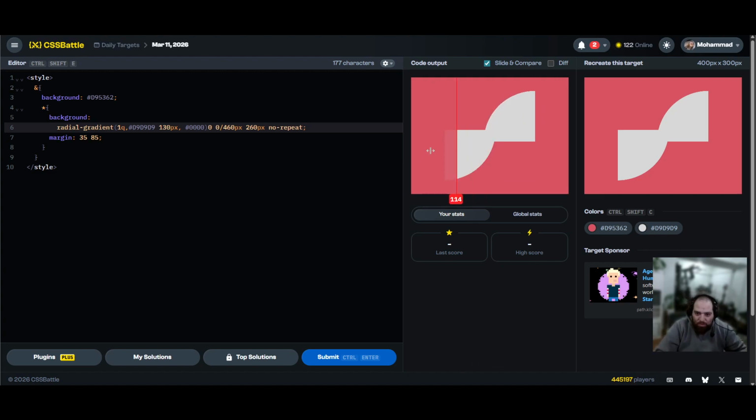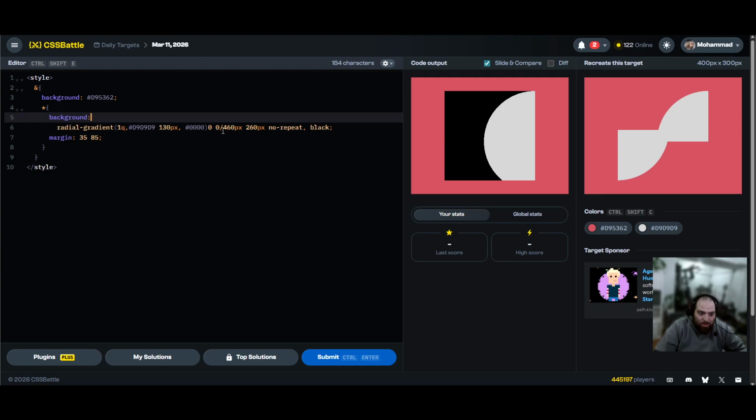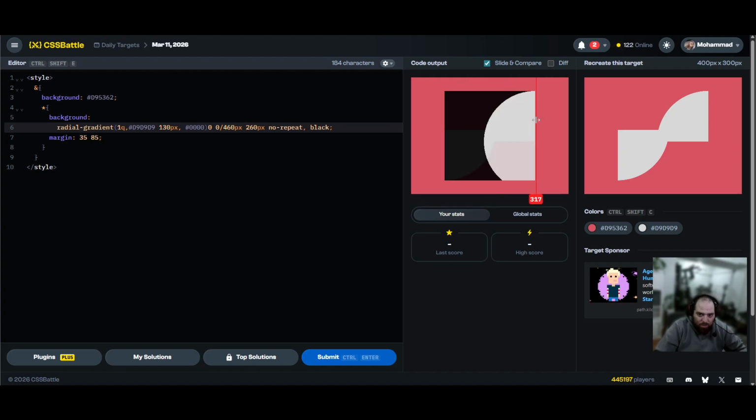I can't even get the first one. I know there's some solution in here. So right now, if I go black, these values, 460 by 2, 260, would be kind of where we have this.